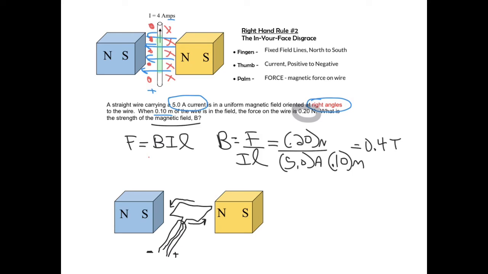If we focus just for a moment on this branch here, and we were to apply the in-your-face disgrace right-hand rule, our fingers would go north to south. Our thumb would go in the direction the current is going, and the force, I use red for force, would go straight up on that part of the loop.